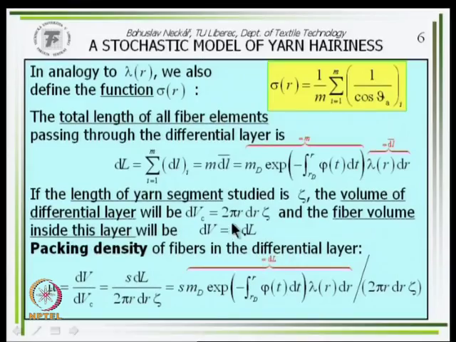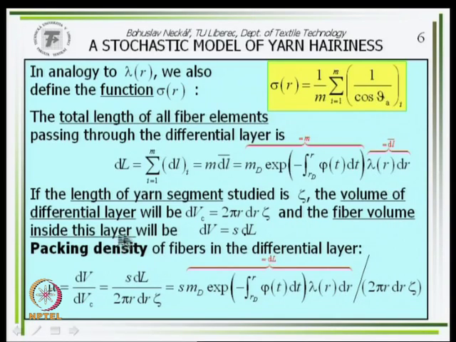The differential annulus has the area 2 pi r dr, times the length of the yarn, zeta. This is the total volume of this differential layer.